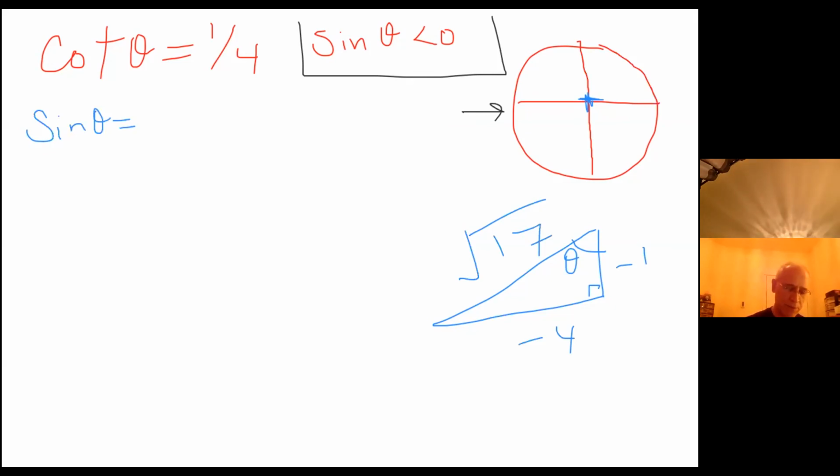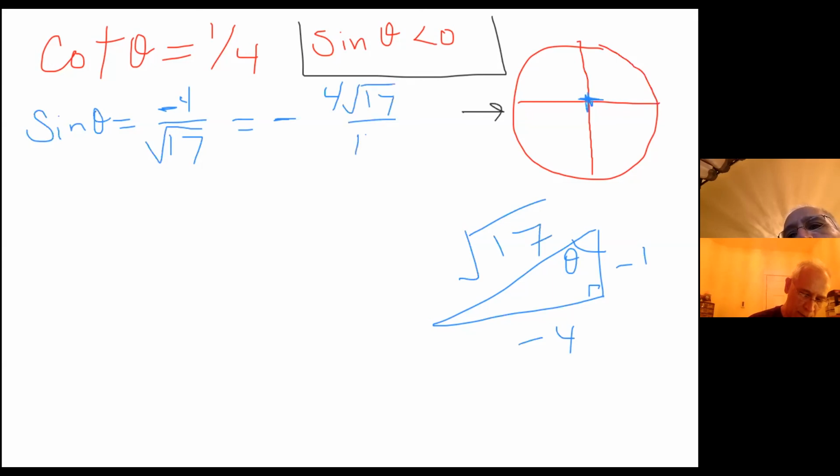Opposite over hypotenuse, -4 over square root of 17, which is the same as saying -4 root 17 over 17.